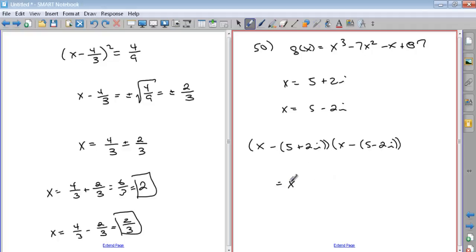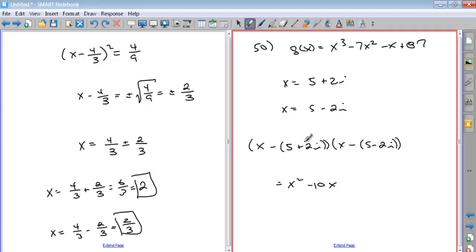So can we get x squared? If you remember from the previous step, when we did the inner and outer, the i parts canceled out, and you'll end up with a negative 5 and a negative 5. So that's negative 10x from the inner and outer.